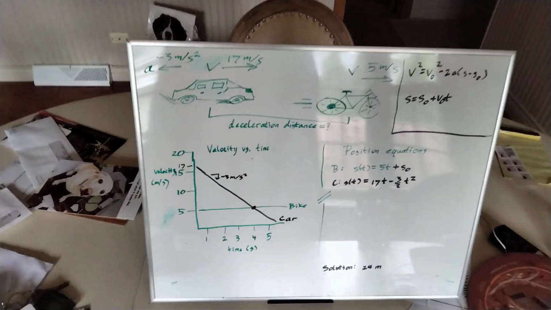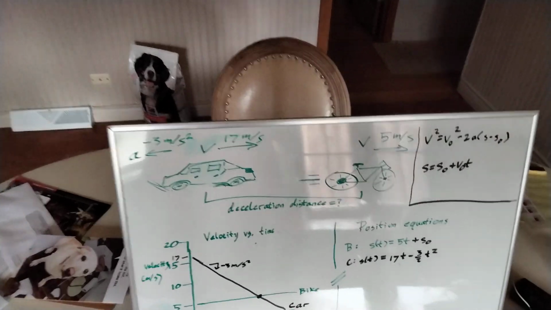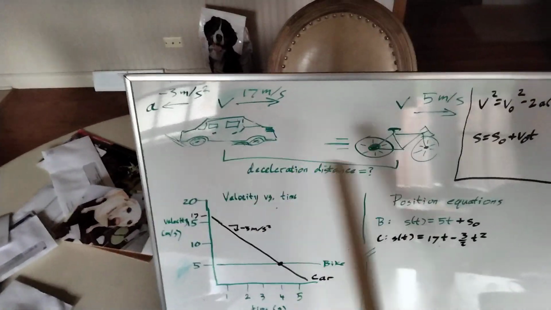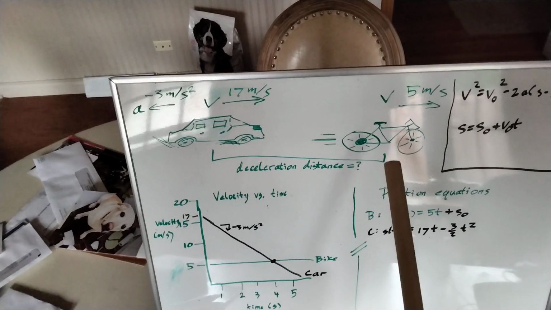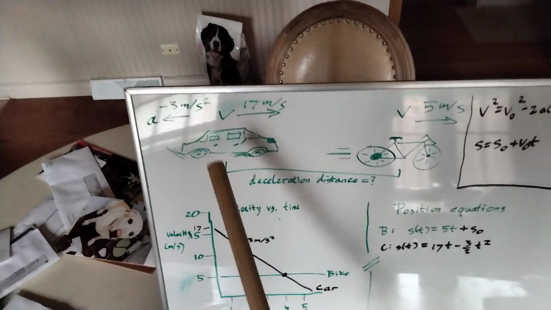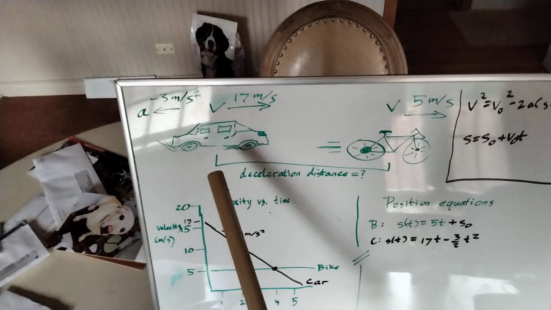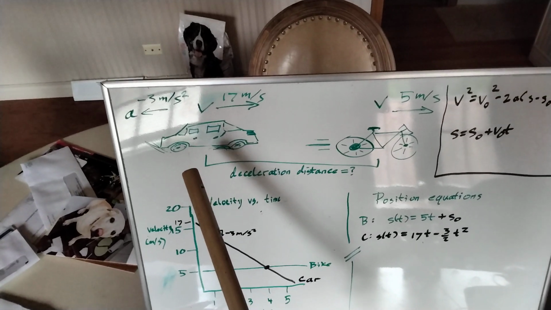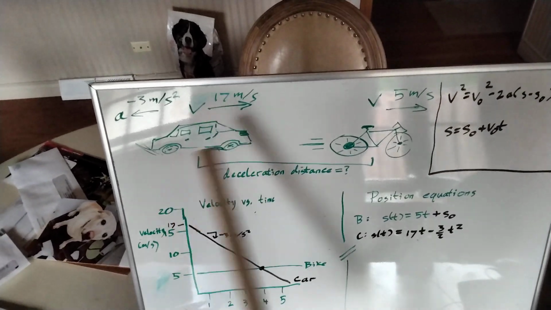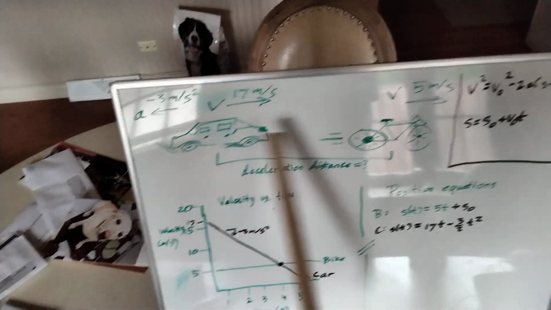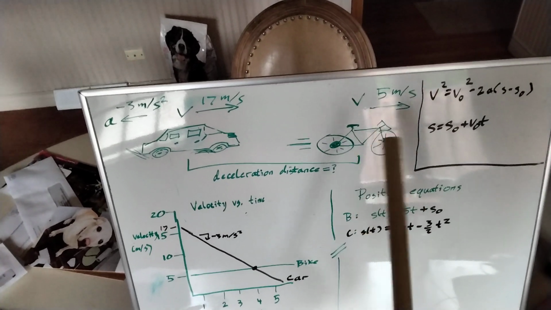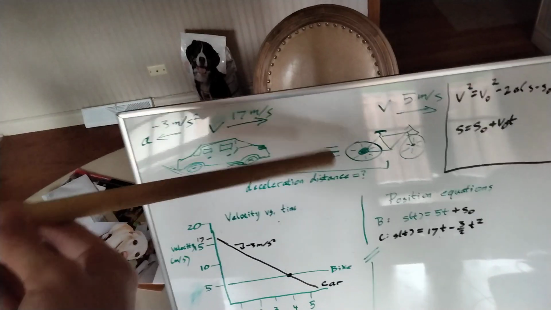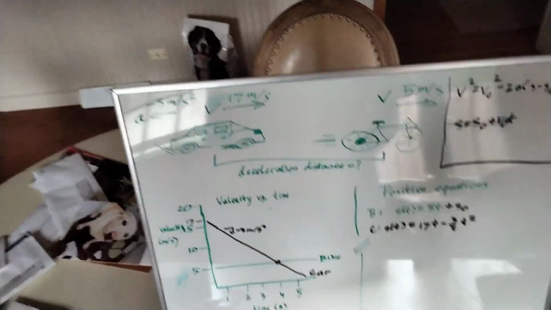Now, to solve this problem, you'll have to realize that in order for the car not to hit the bike, the bike's position needs to always be ahead of the car's position. And for this to be a minimum, it means that the velocity of the car will equal the velocity of the bike at some point, and that it'll be less than the bike at that point.